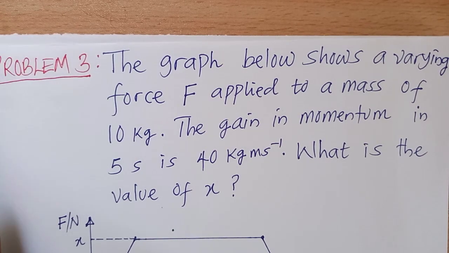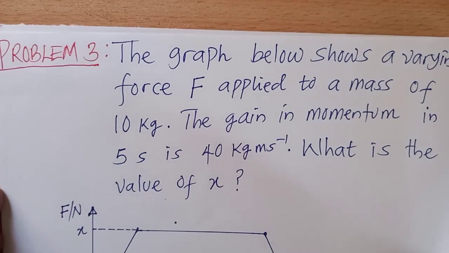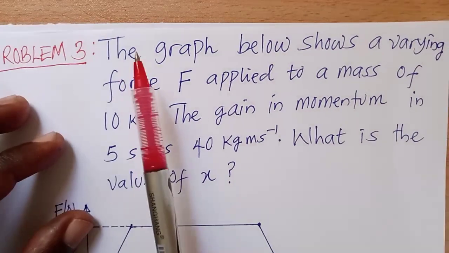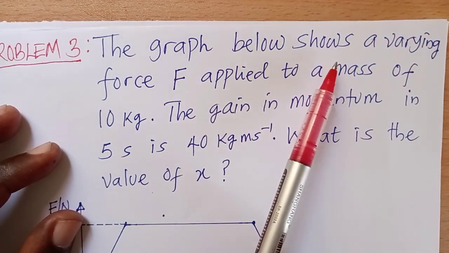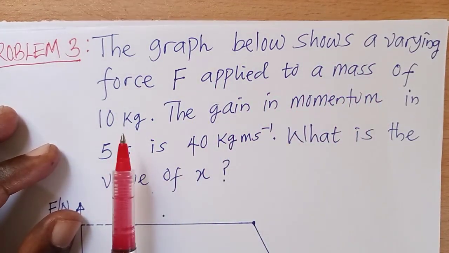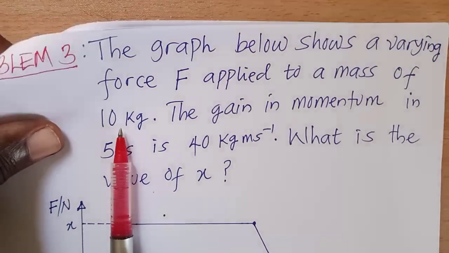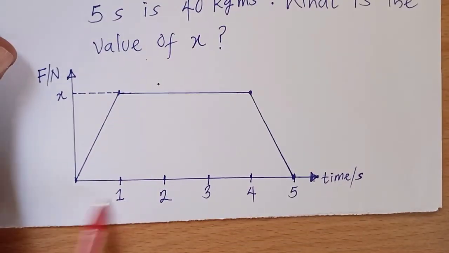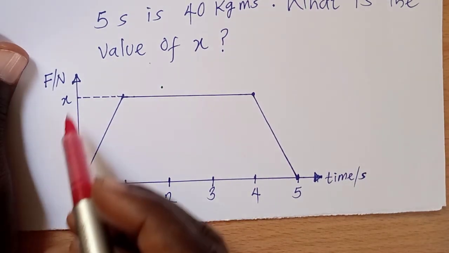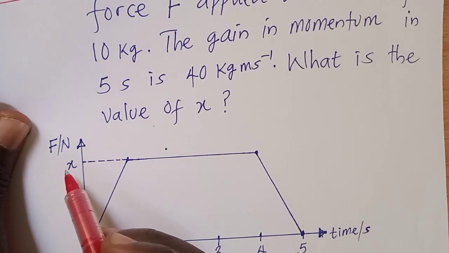Okay, here is problem 3, still on impulse momentum theorem. Problem 3 reads: a graph below shows a varying force F applied to a mass of 10 kilogram. The force is varying. As you can see, it varies from a zero value to a value that we don't know, x.